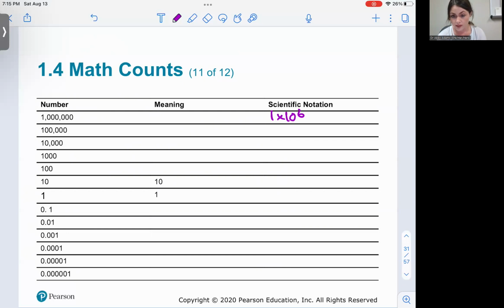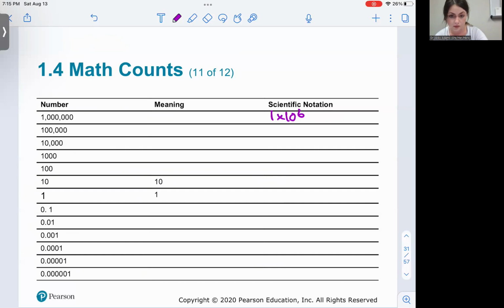That's normally what we would say, 1 times 10 to the 6. We're not going to be saying 1 million very often. It's useful to use the scientific notation. It's more professional. This is how we write it in the publication. It's how everybody communicates, even though we know it means 1 million, right?